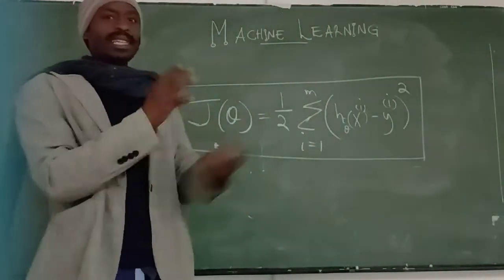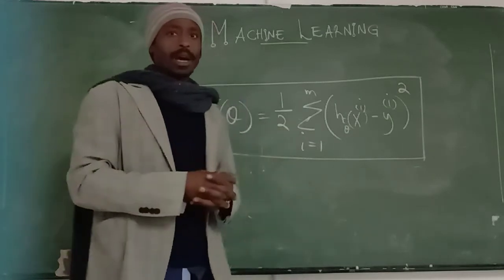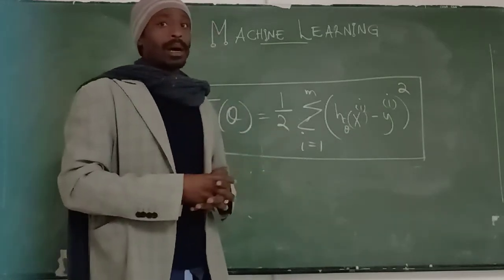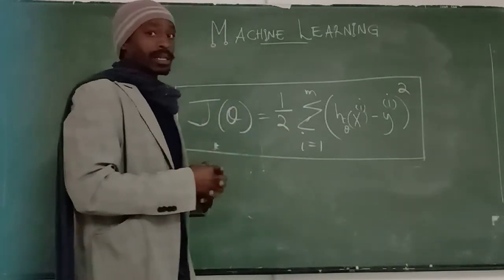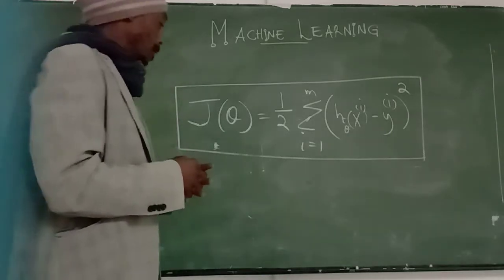For gradient descent, the basic idea is that we start at some value of our parameter vector theta.